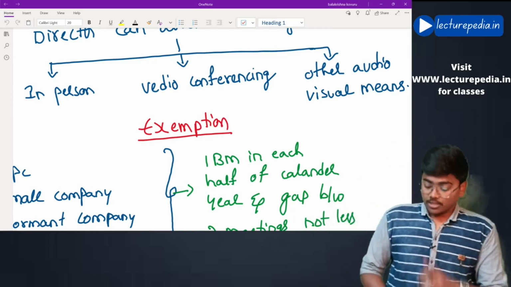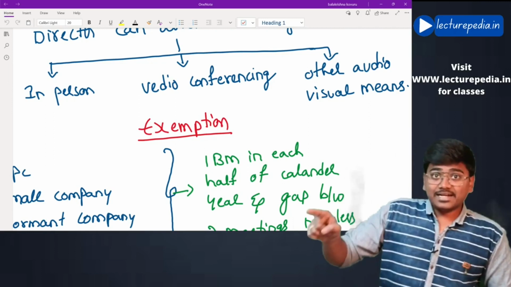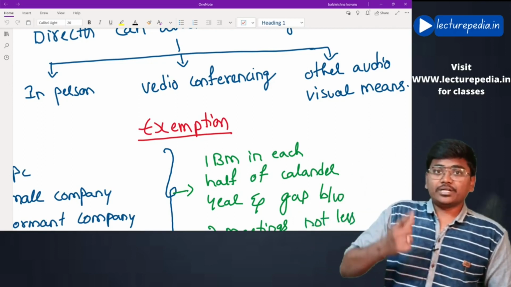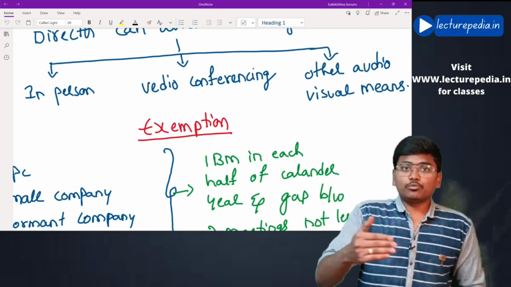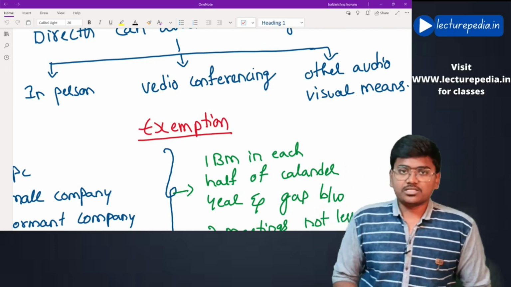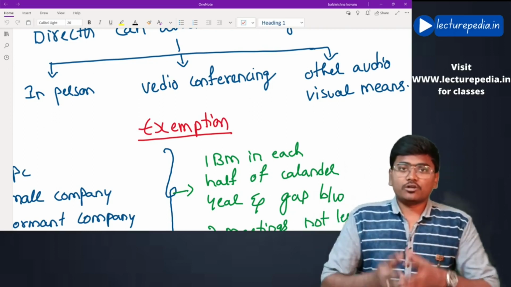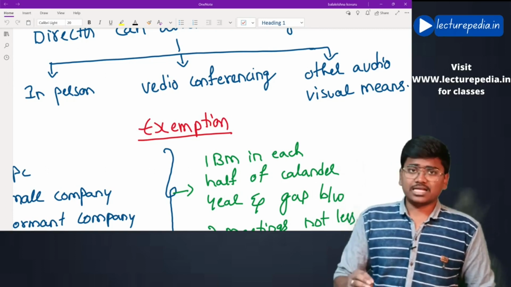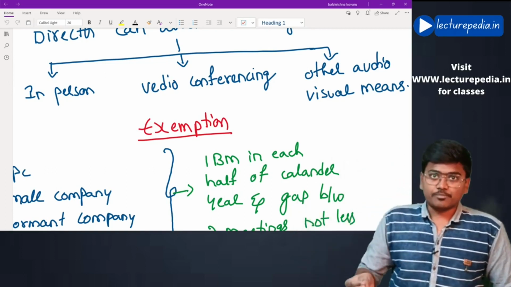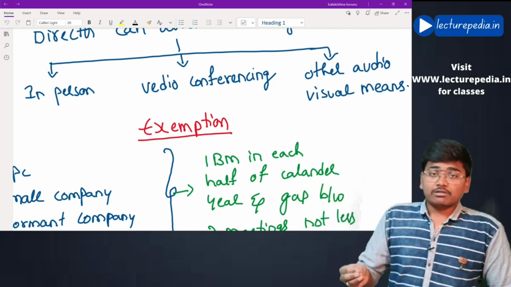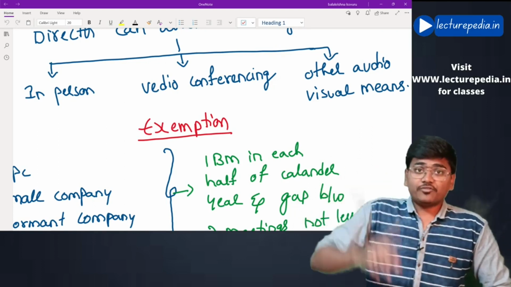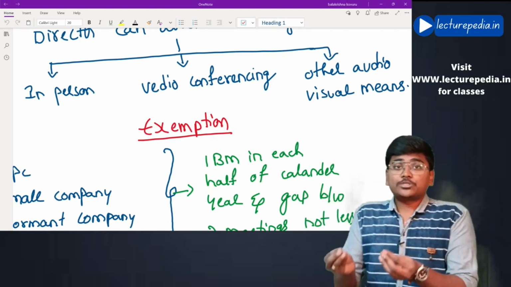Hope that is clear. Now whether the director can request the company for conducting board meeting through video conferencing, that is to enable video conferencing option? The answer is yes, director can request, but even though director requested, it is not mandatory for the company to provide this option of video conferencing.